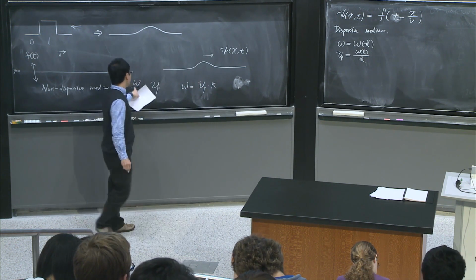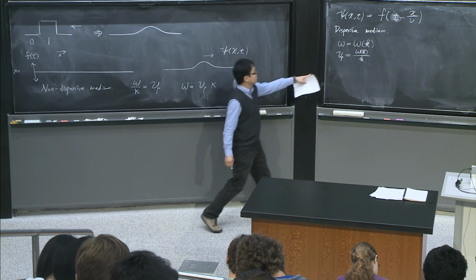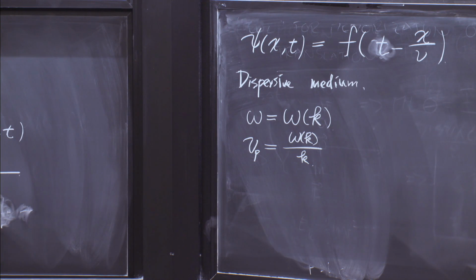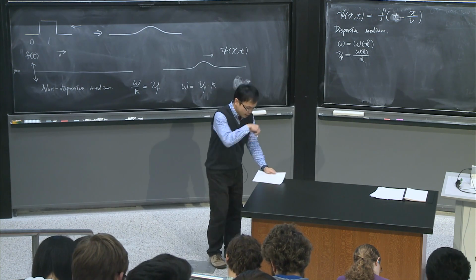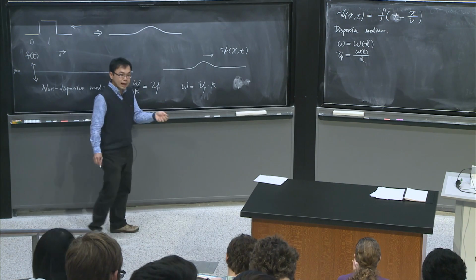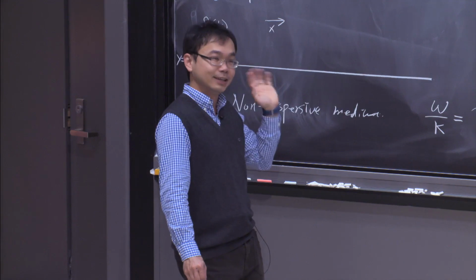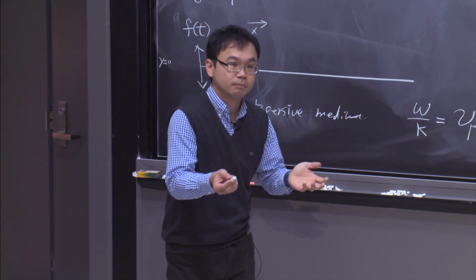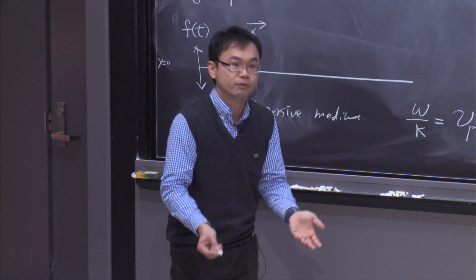Unless omega is equal to Vp times k. In general, Vp can be some quantity which varies as a function of k. Then we have a trouble, because when I produce a progressing wave from the left-hand end, it is made of many, many harmonic waves with different angular frequencies.